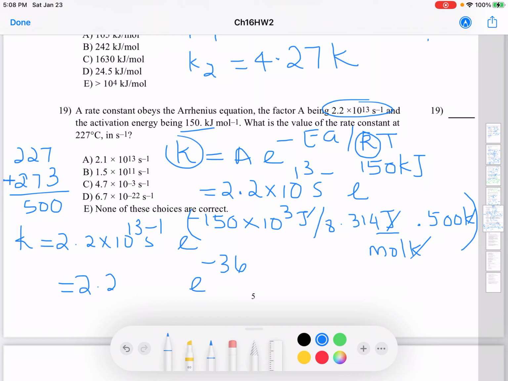Check to see what number you guys are going to get. Then you find the antilog of negative 36, and then you multiply it by 2.2 times 10 to the 13. So your rate constant will be in the units per second. Okay, that's how you're going to get the answer for 19.